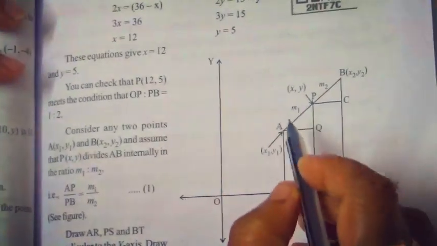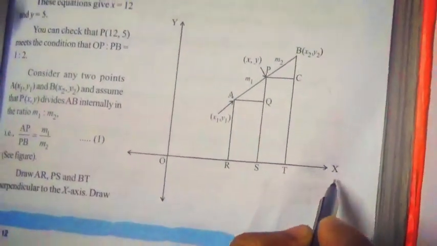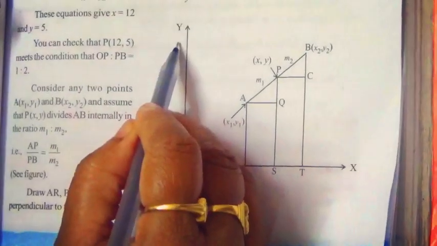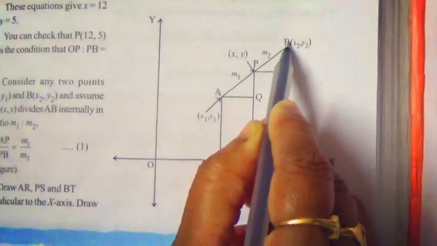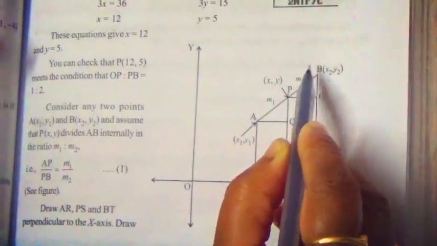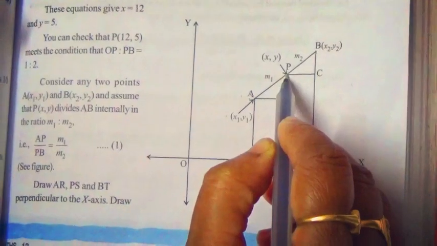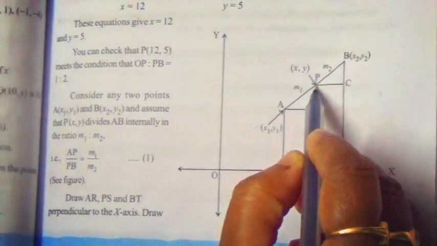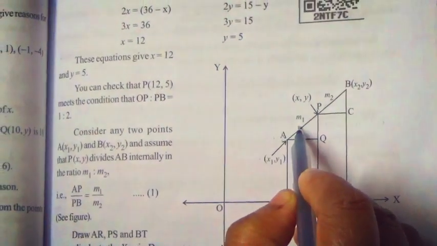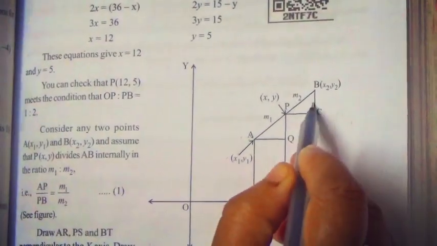Consider a Cartesian plane which has the x-axis and the y-axis, and in this Cartesian plane A and B are 2 points. When you join AB, this P is the point which gives the partition, and it divides the line into some ratio.